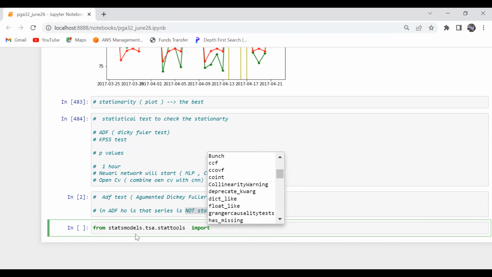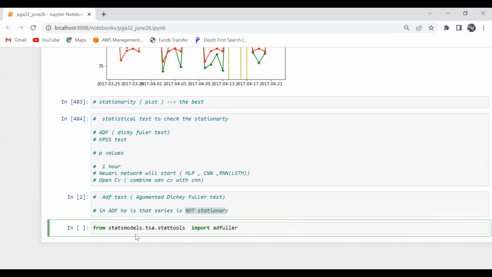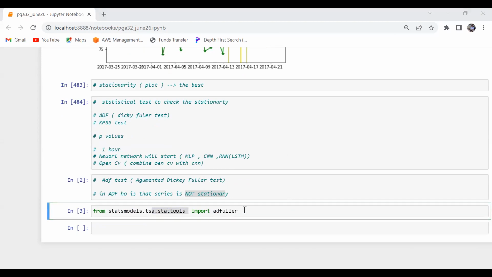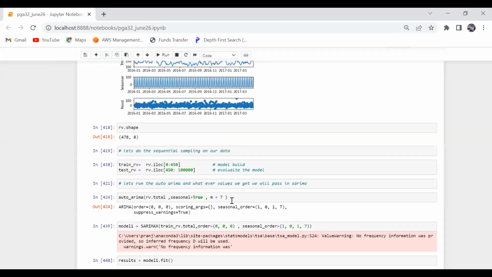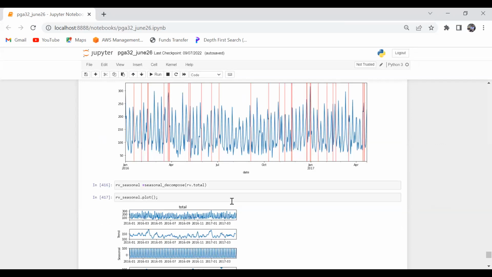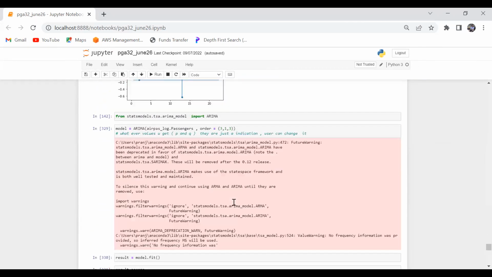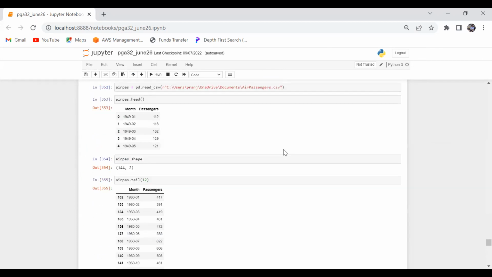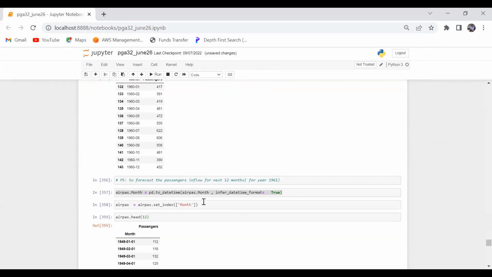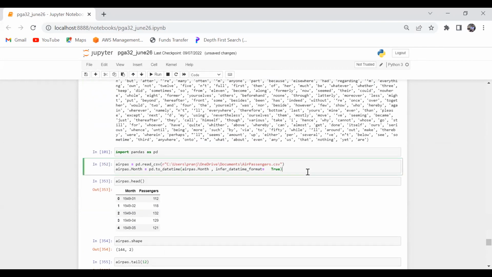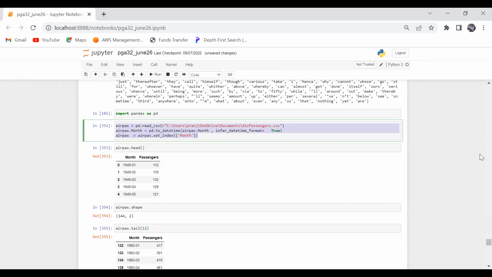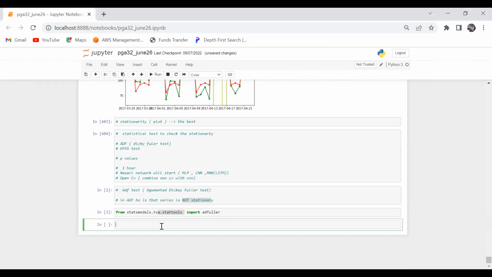कहाँ है भाई ADF test? So from statsmodels.tsa.stattools, import adfuller, and let's run it on the dataset.